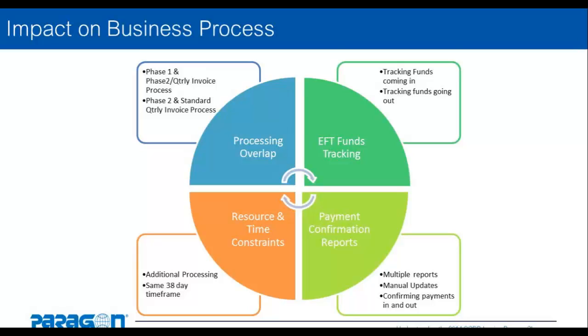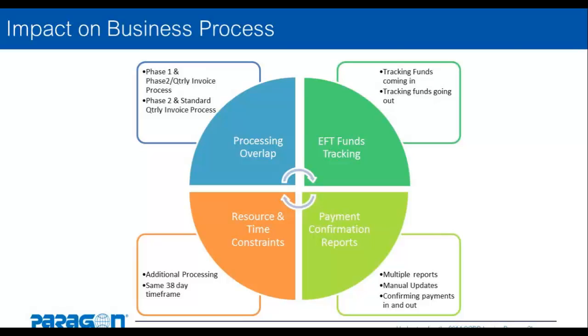Additionally, Phase 1 negative invoices and Phase 2 negative invoices could be received during that same overlapping time frame. The next slide will show emphasis on the overlap so you'll understand the impact of that.